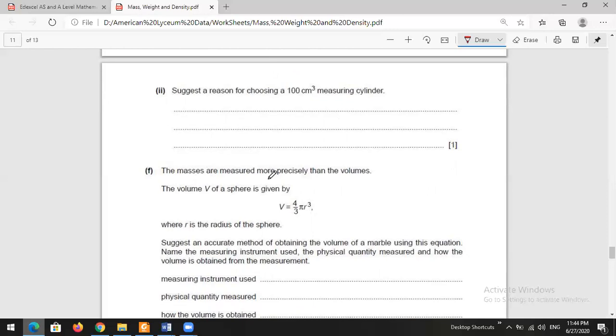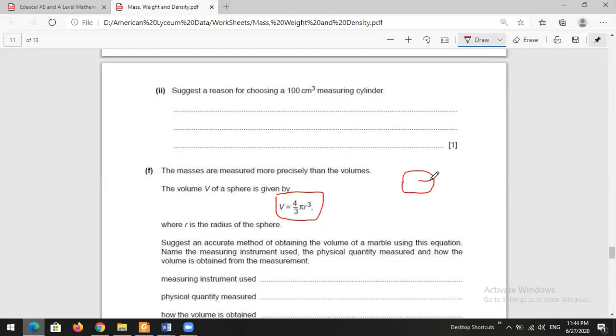The masses are measured more precisely than the volumes. The volume V of the sphere is given. So it is actually the volume of the sphere formula. 4 over 3 is a constant, pi is 3.142, whereas r is the radius of the sphere. Suppose this is a sphere.